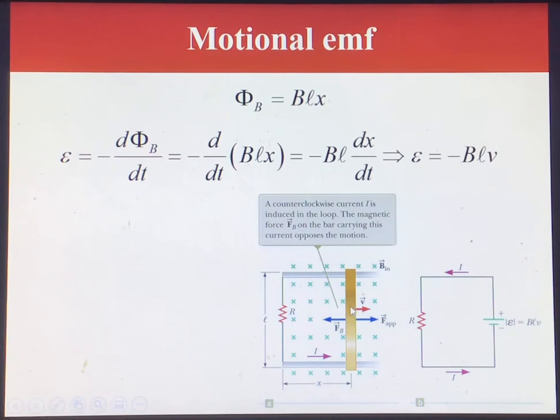When this cable here is moving to the right in the presence of this magnetic field, the motion of this cable is going to cause the area to change. So in this case, notice that the magnetic field itself is not changing, but it's the area of the loop that is changing. So the changing area is what is going to generate this electromotive force.